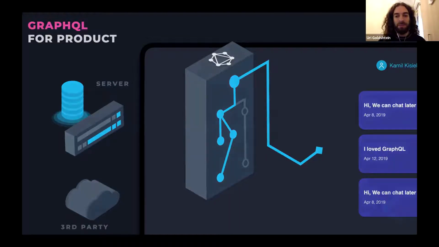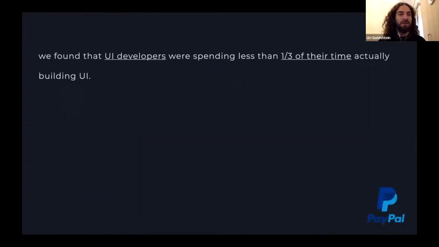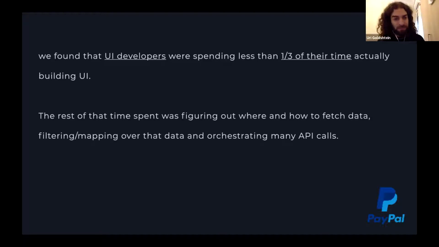Now, just to mention something important, if you think it's just a small cool library, we worked with PayPal at the beginning, and PayPal found that UI developers in that case were spending less than a third of their time actually building UI. The rest of the time was spent figuring out where and how to fetch data, filtering and mapping over that data, and orchestrating many API calls.